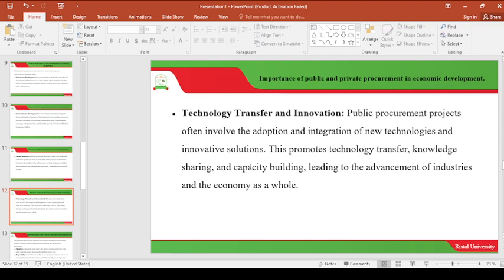Because technology is evolving every day, and because of the cooperation and collaboration between the private sector and the public sector, there will be a technological transfer between the public sector and the private sector.